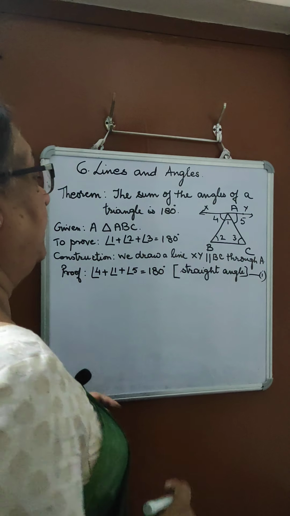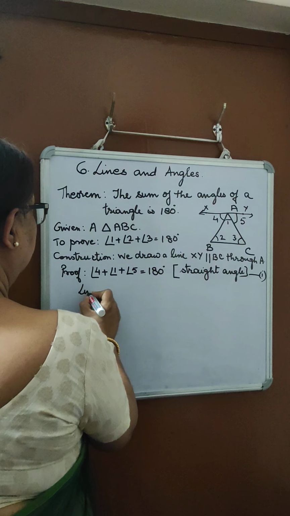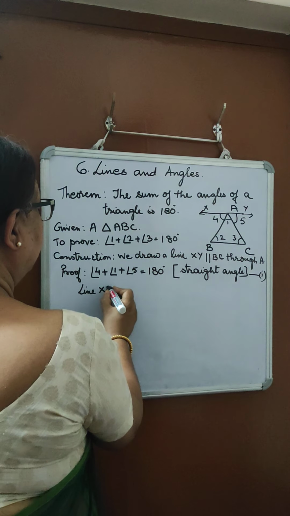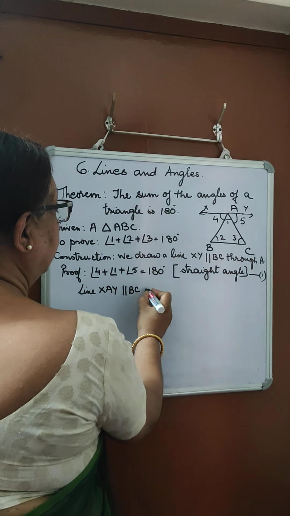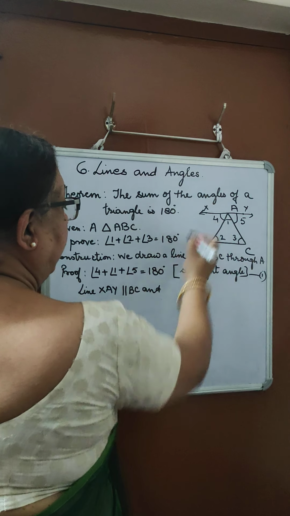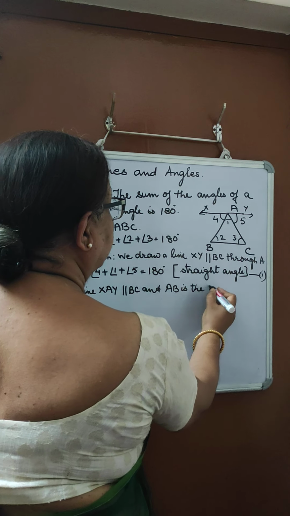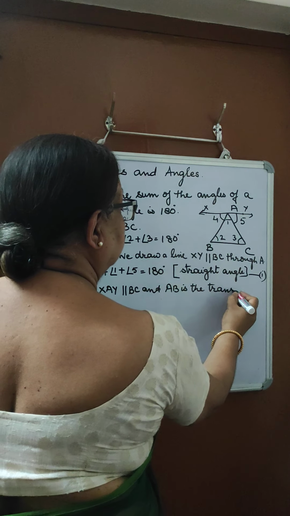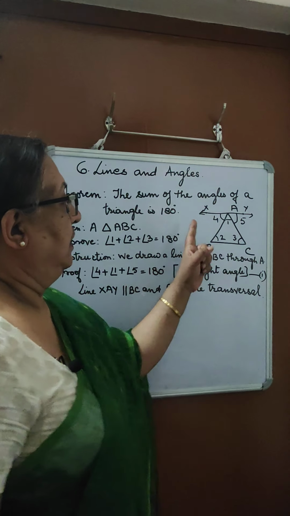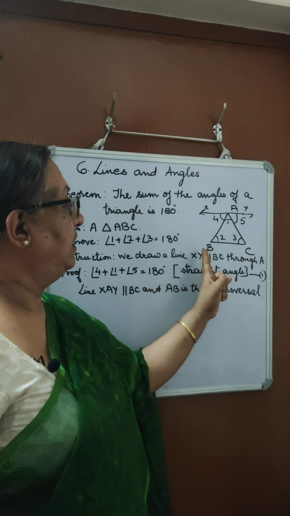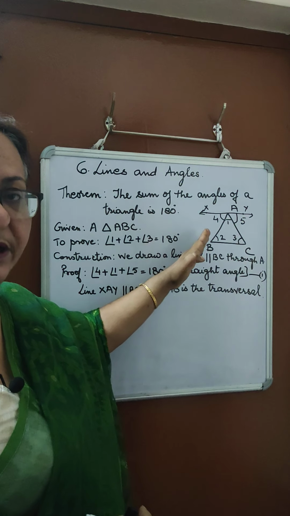Now we consider line XAY parallel to BC and AB is the transversal. This is a line XAY parallel to BC and AB is the transversal.